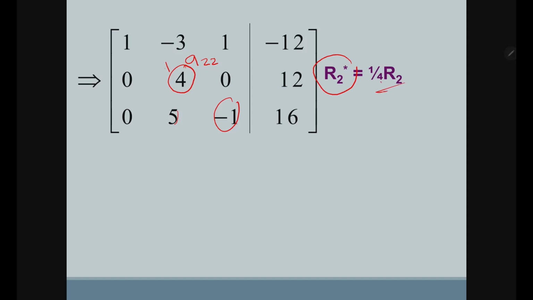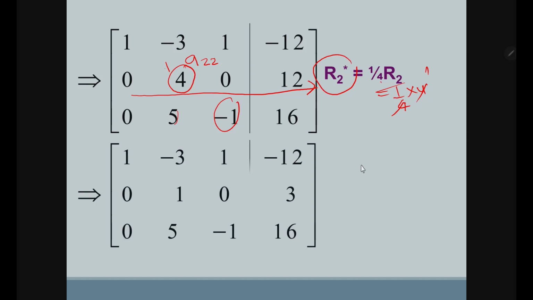Okay, means 1 over 4 times 4, we can get 1. So we need to multiply this formula to the second row. Okay, second gets here 0 1 0. 1 over 4 times 12 we can get 3.